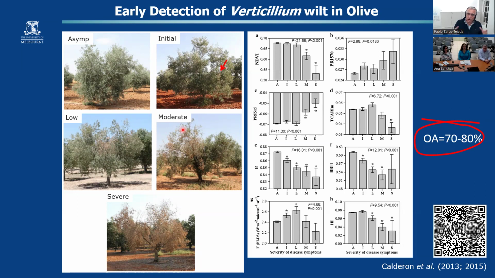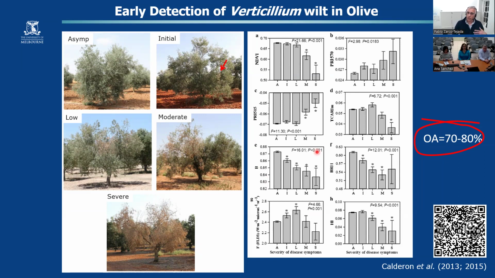And we already demonstrated at that time, those papers are from about 10 years ago, that there are a number of spectral indices or vegetation indices, like the ones you see here, that are sensitive to the severity. That is in the context of verticillium wilt in olive.